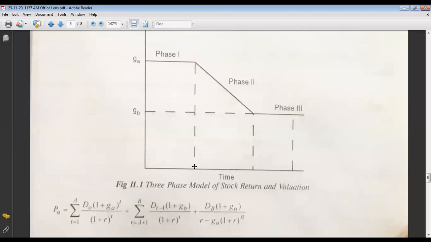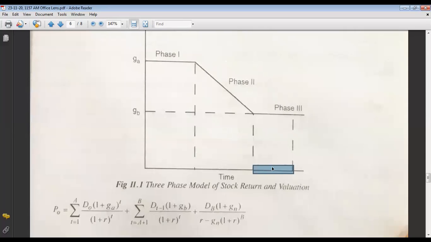The next phase is the second phase, and the next phase starts from this point to the last point. So we experience three time zones and three growths, that is GA, GB, and GN, the normal growth. Then we have the three timelines, phase 1, phase 2, and phase 3.